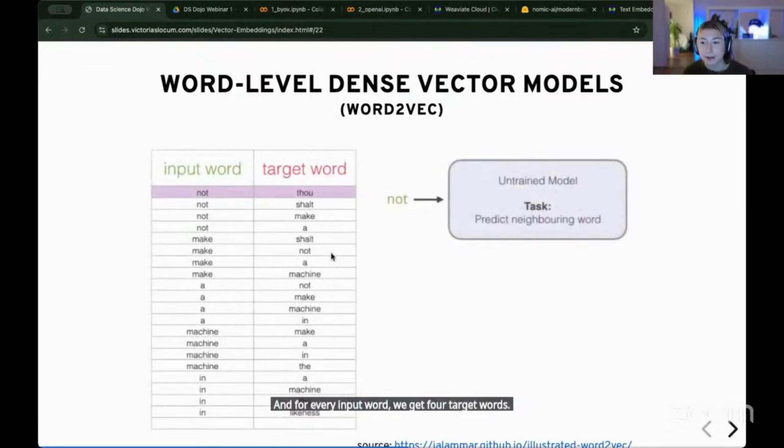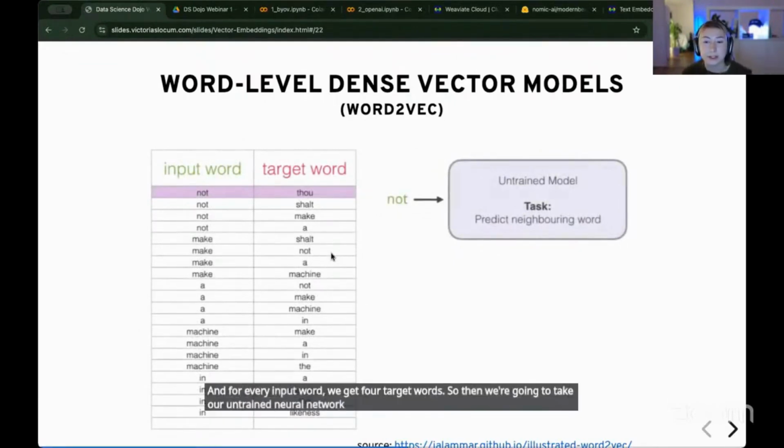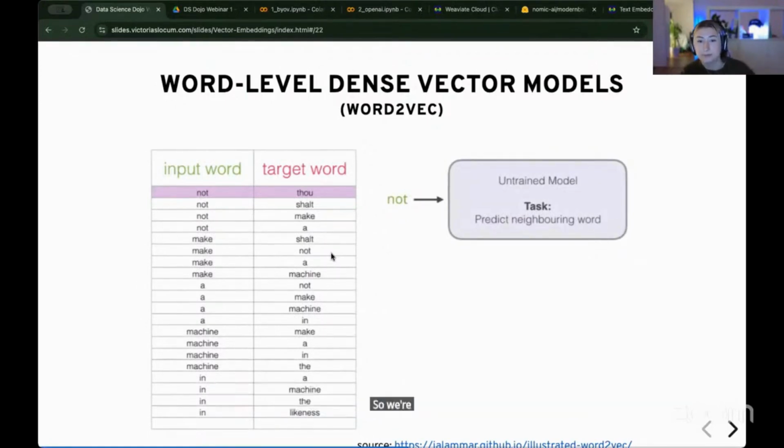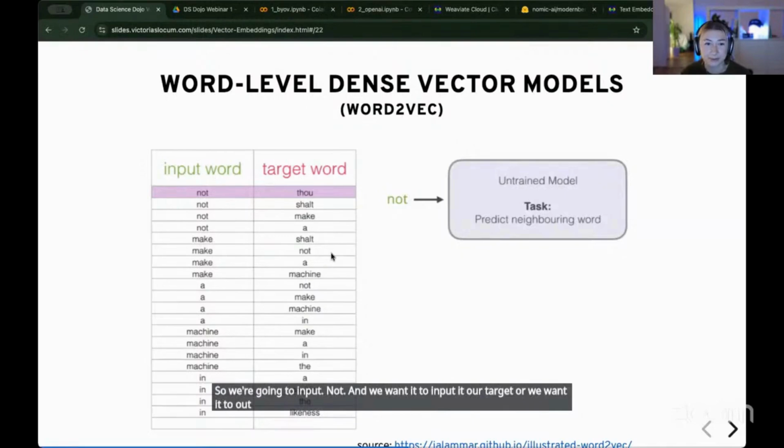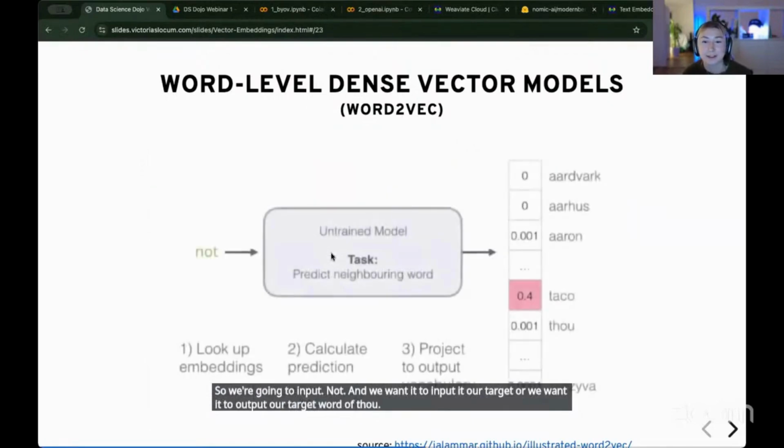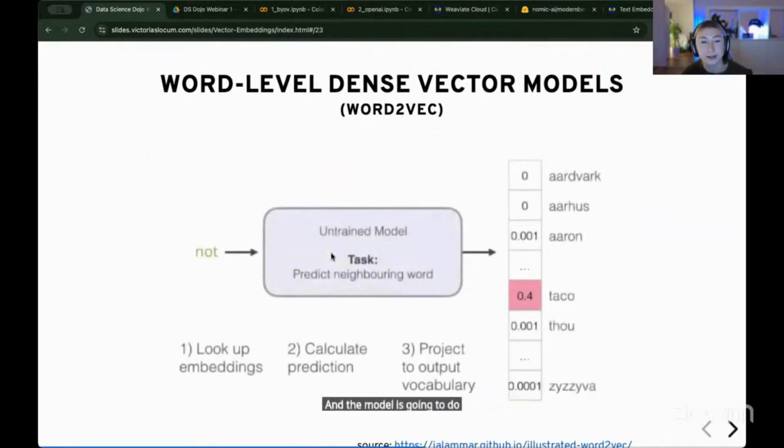Then we take our untrained neural network, our untrained model, and give it the task of predicting a neighboring word. We input "not", and we want it to output our target word of "thou". The model says, okay, "not", I'm going to find that vector embedding.